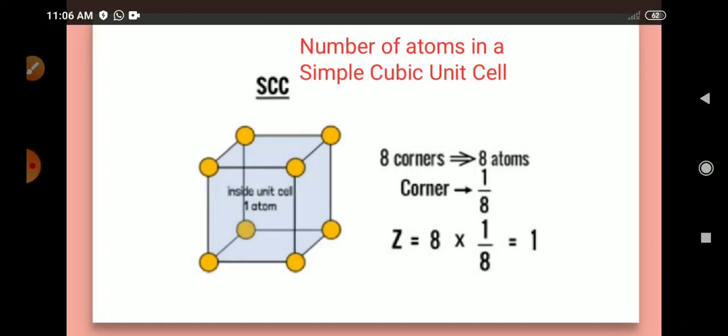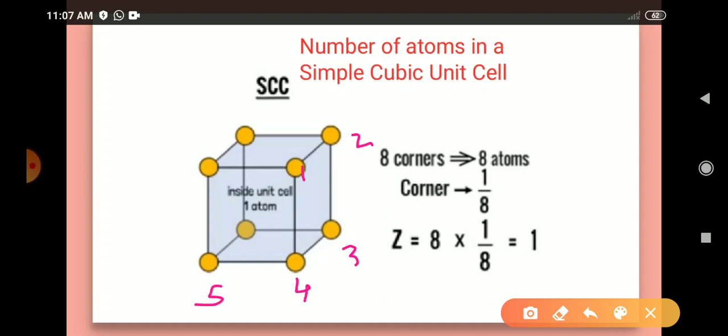Let us take the first unit cell, that is the simple cubic unit cell. As we have discussed, the particles are present at the corners. So a total of 8 corners are there: 1, 2, 3, 4, 5, 6, 7, 8.